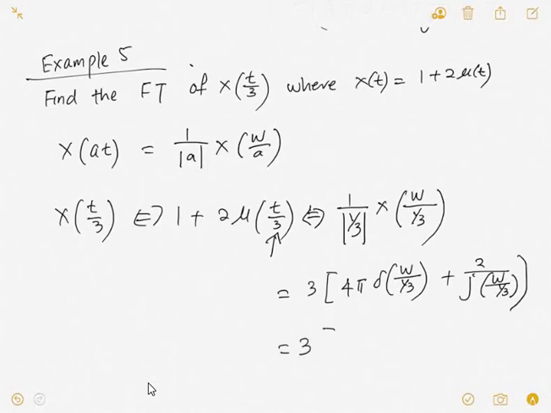So you will get 3 times 4 pi delta(3 omega) plus 2 over j 3 omega. Okay, so you just combine the things. So it's rather simple. Okay, understand? Do you understand?